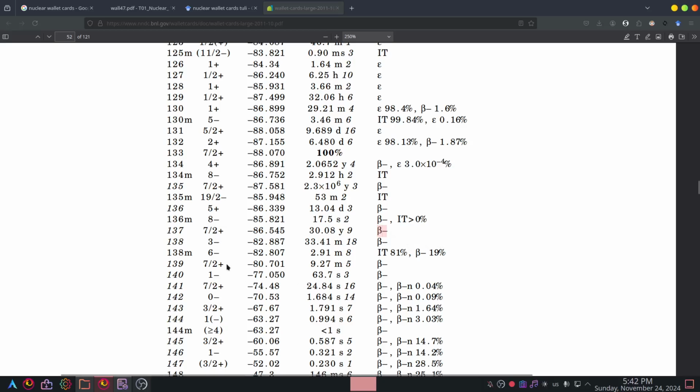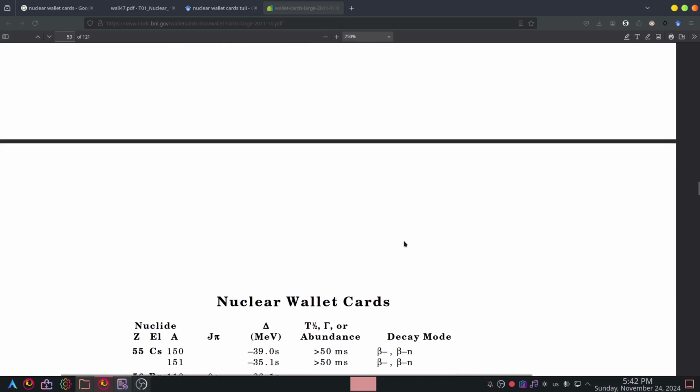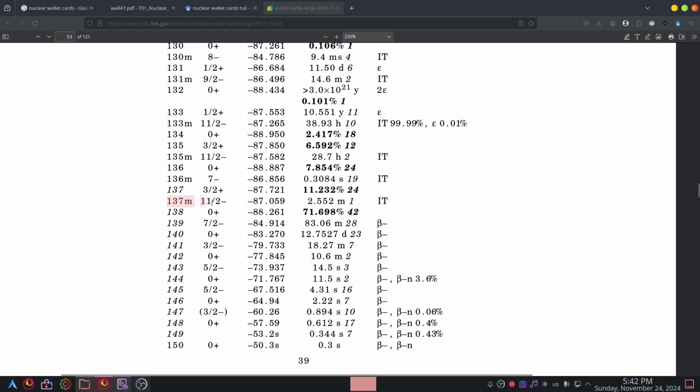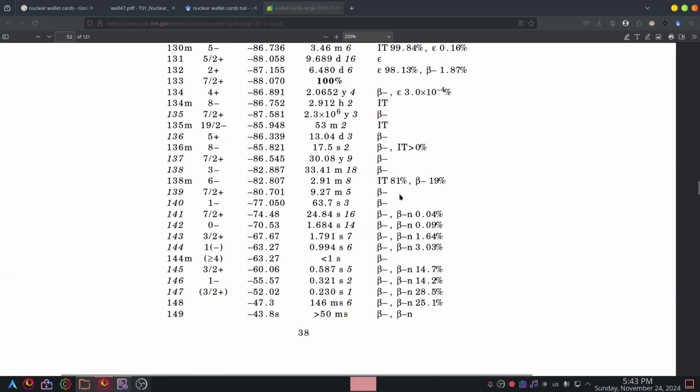This cesium will decay into barium-137, or specifically barium-137m. Partly into barium-137m and partly directly into barium-137. Okay, maybe that was a bad example, my bad.